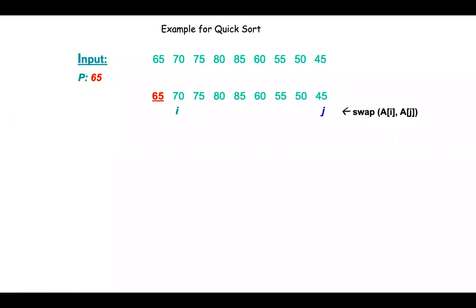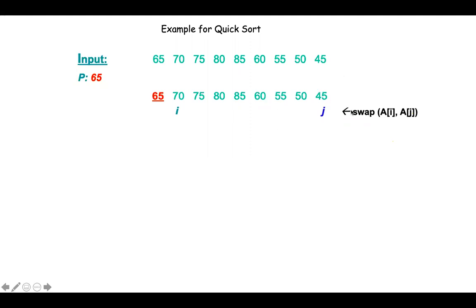Programmatically, swapping means I will store this value into a third variable, copy a of j to a of i, and then copy the temporary variable to the other element. You know the swapping process. I'm just trying to explain the algorithm here itself. Is it clear? First we are going to run the partition algorithm.